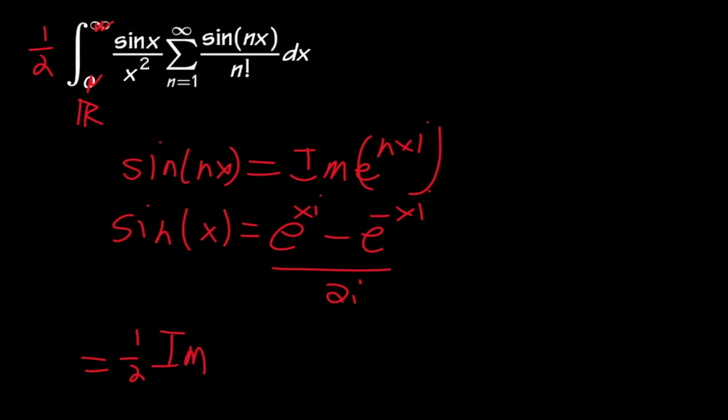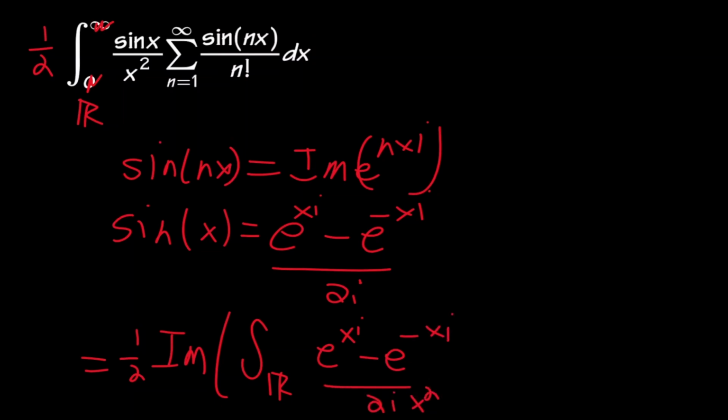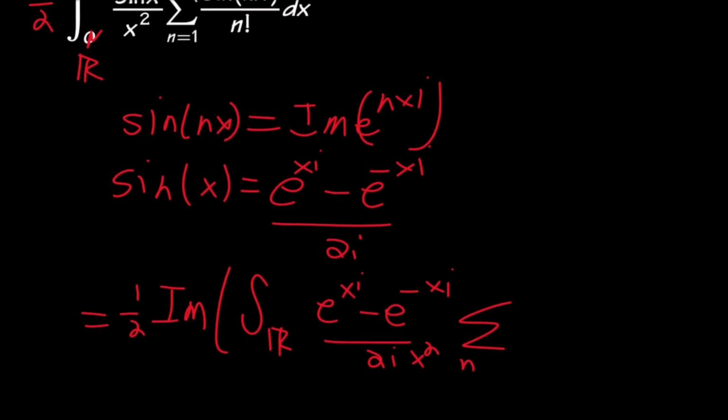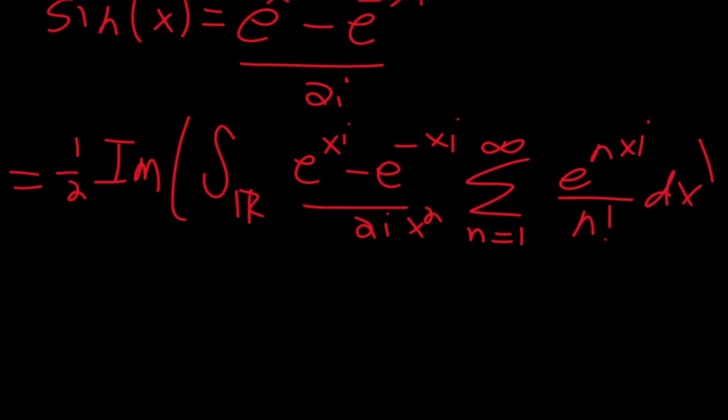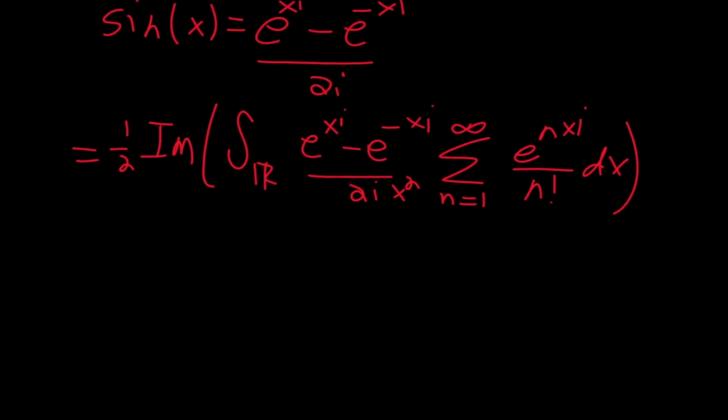So the imaginary part of our integral over all real numbers of e to the xi minus e to the minus xi over 2i, and then x squared, of course, and then our sum from n equals 1 to infinity of e to the nxi divided by n factorial dx. That right there is the chunky boy.